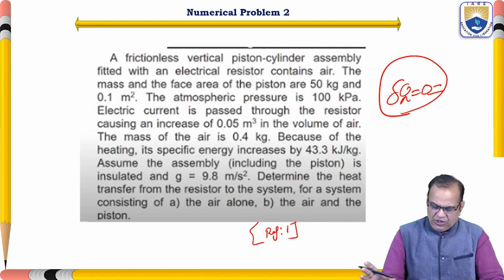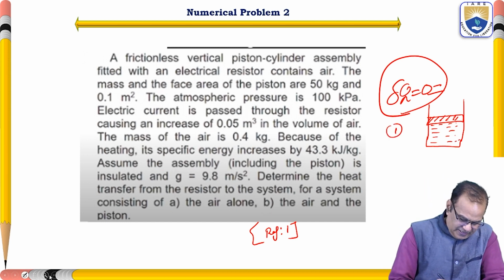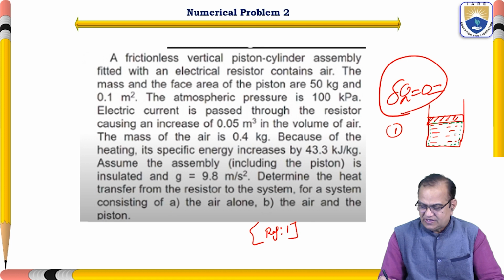So here two things are there. This is your cylinder, this is your piston, here is the air. Case 1 is only air. I am just putting a dotted line here. This is the system for case 1.